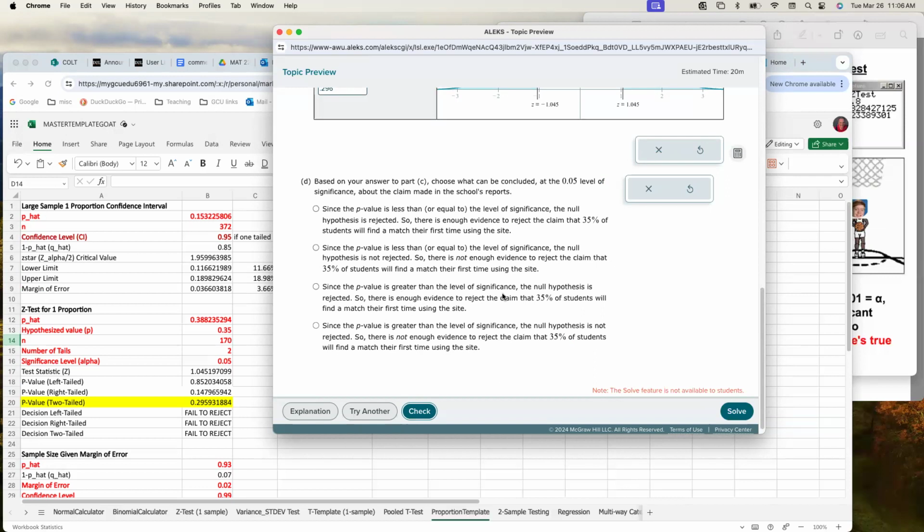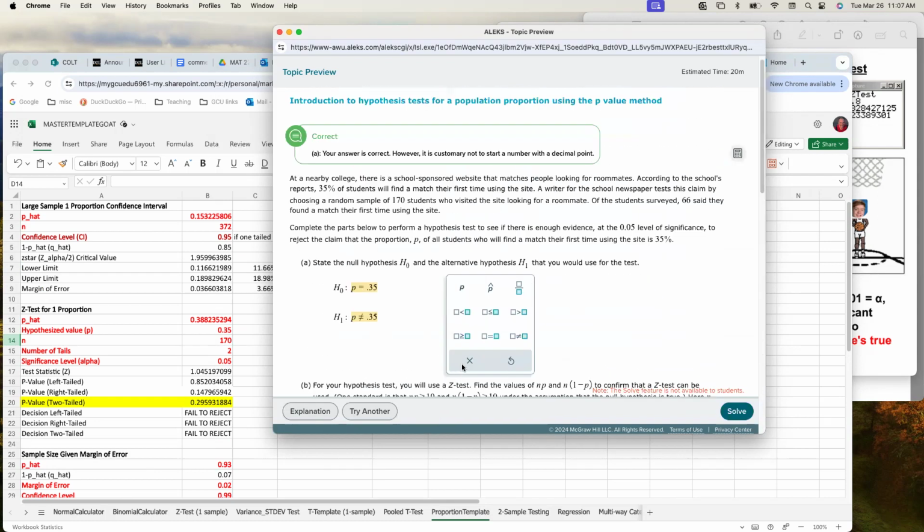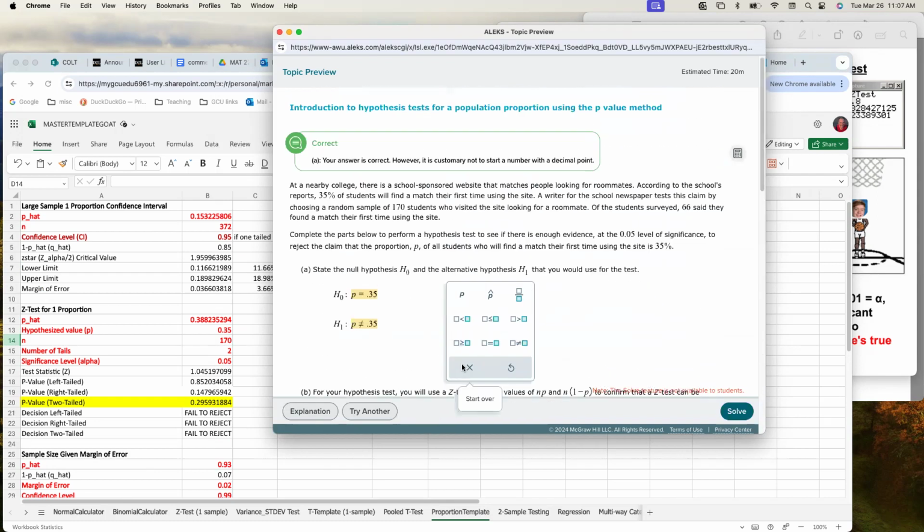The null hypothesis is rejected? Well, that's incorrect, right? We only reject whenever the p-value is less than that. So we're going to have to go ahead and select this one and say the null hypothesis is not rejected. In other words, there's not enough evidence to reject that claim that 35% will match. Okay, so I'll go ahead and check this, and everything's good to go here.